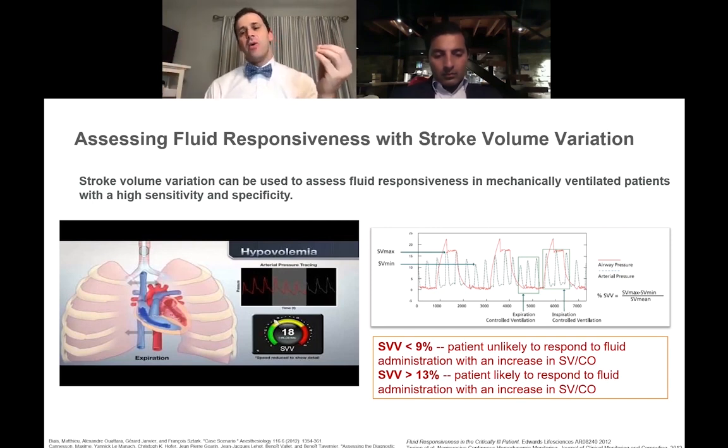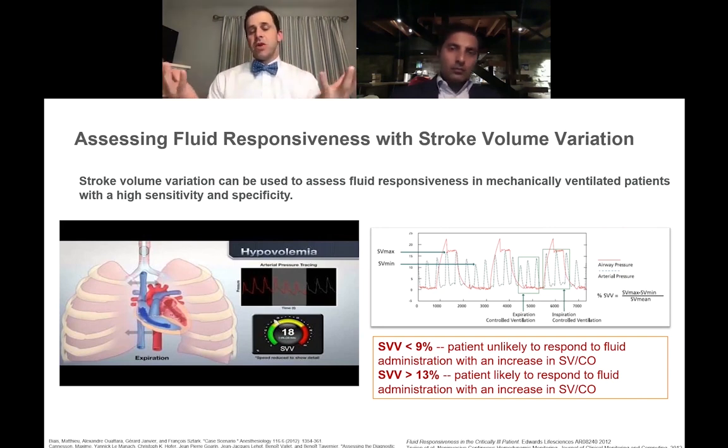Well, as intrathoracic pressures change, okay, those intrathoracic pressures go up and down, that impacts right ventricular, or really biventricular filling, okay? As the pressure goes up in the chest, there's less blood in the heart, okay? And as the pressure releases out of the chest, there's a little bit more filling that we can see in the heart.